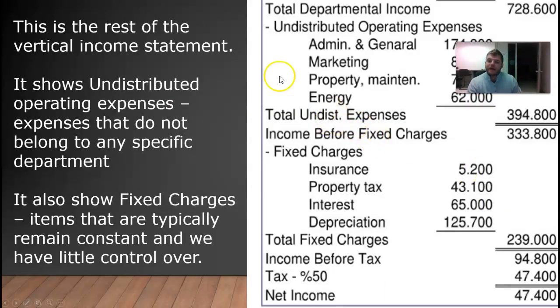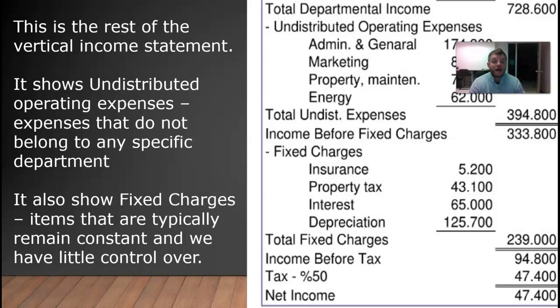Next slide. So this is the rest of that vertical income statement that we were looking at. Again, it has all of these different expenses, some of which are being charged directly to the entirety of the company, others that are just going to be split up in between them.